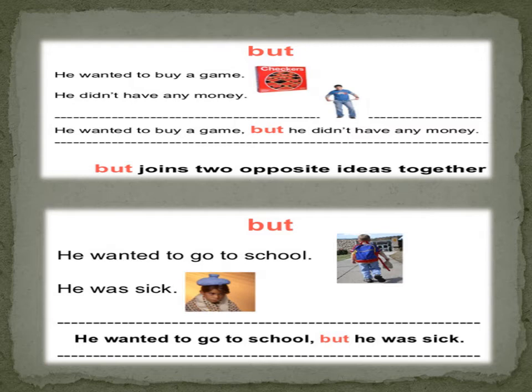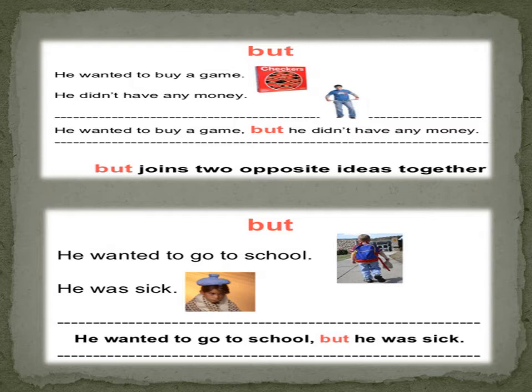But joins two opposite ideas together. He wanted to buy a game. He didn't have any money. As he wanted to buy a game, he needed money, but he didn't have any money. So, he wanted to buy a game, but he didn't have any money.